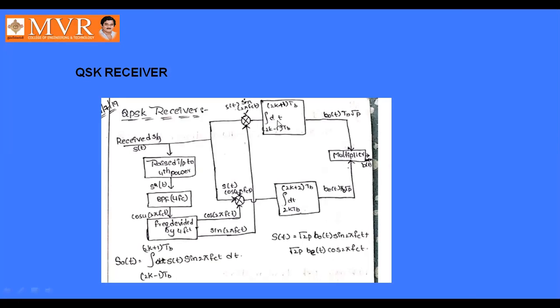Then we integrate over the bit period, from 2k minus 1 into tb to 2k plus 1 into tb, using an integrator. The integration values are valid from 2k minus 1 into tb to 2k plus 1 into tb. Then the output is b naught of t, that means the odd sequence, into root tb.